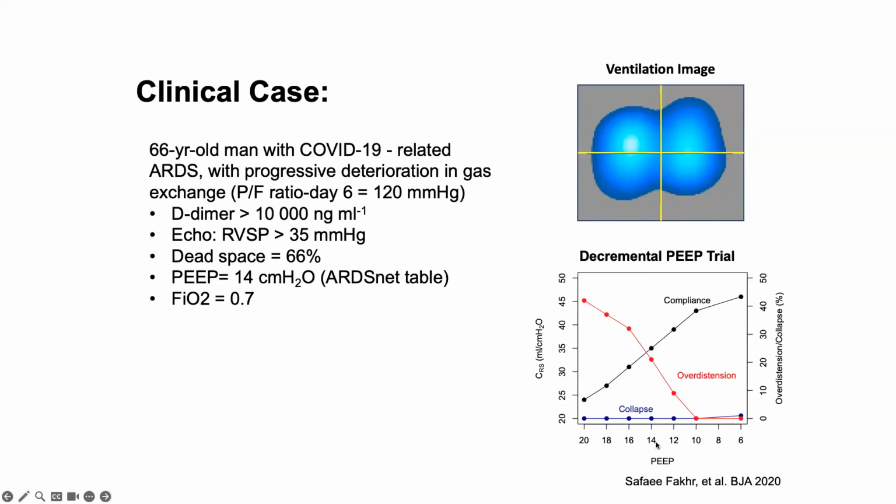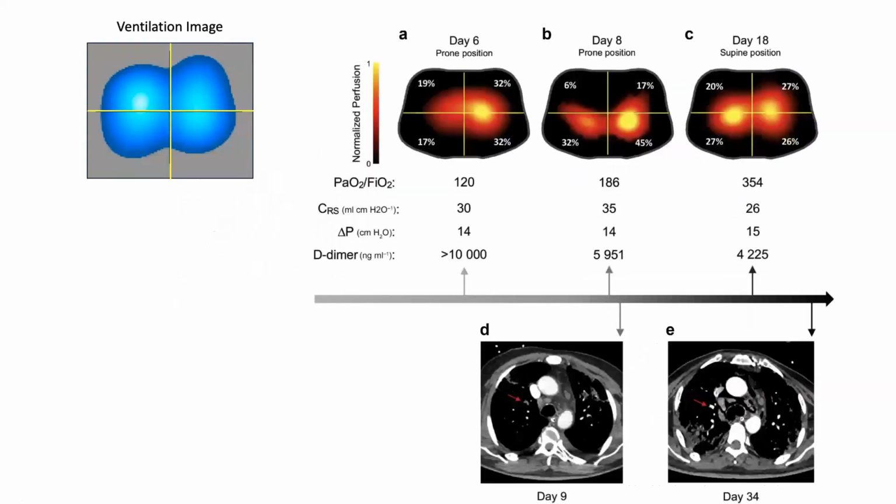The titrated PEEP was 6 in this case, and we were able to reduce from 14 to 6 very fast because we were monitoring the lung function, the driving pressures, and the distribution of lung collapse and overextension. And as you know, a reduction in PEEP of this size generally takes hours or days.